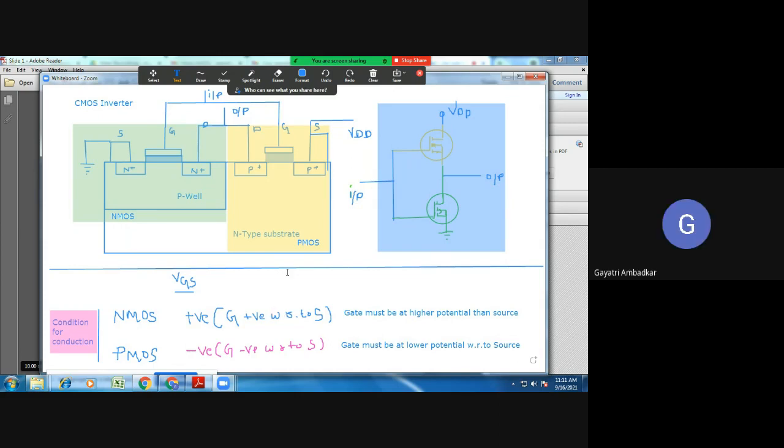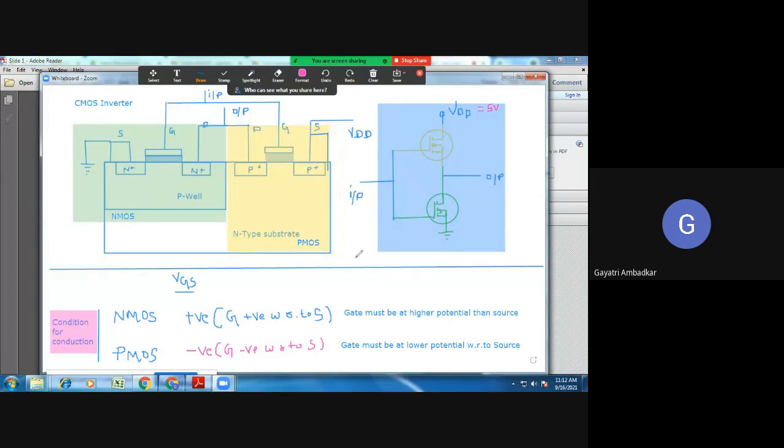Now we will apply the input voltages. We will set the value of VDD equal to 5 volt. Now at the input, I have two levels.